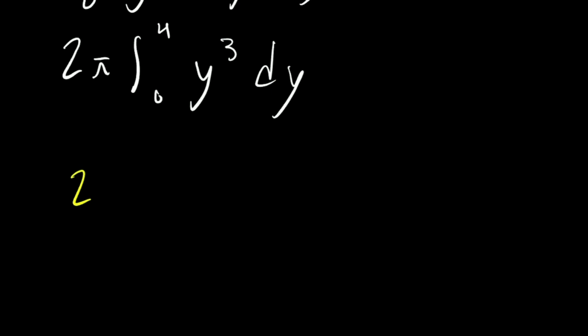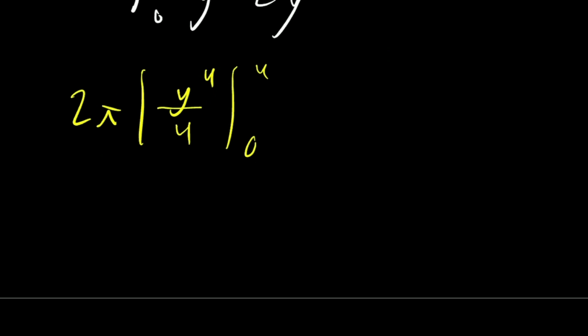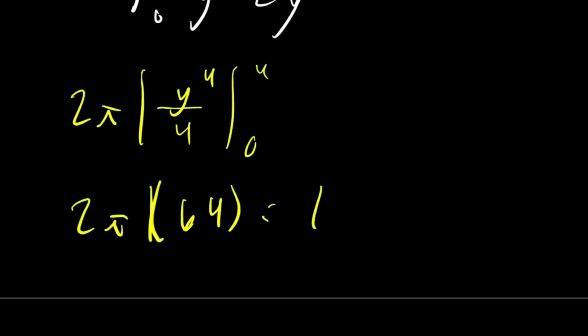And now we can integrate 2 pi times y to the 4th over 4 from 0 to 4. Let's see, 4 to the 4th is 256 divided by 4 is 64. So 2 pi times 64 equals 128 pi.